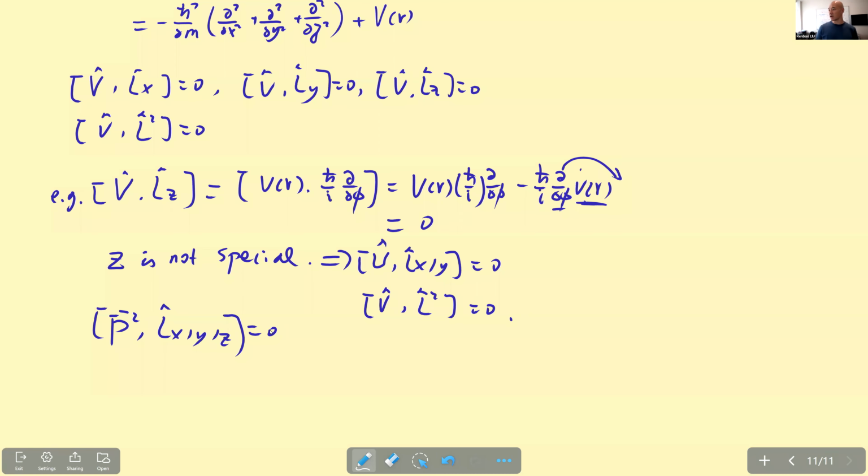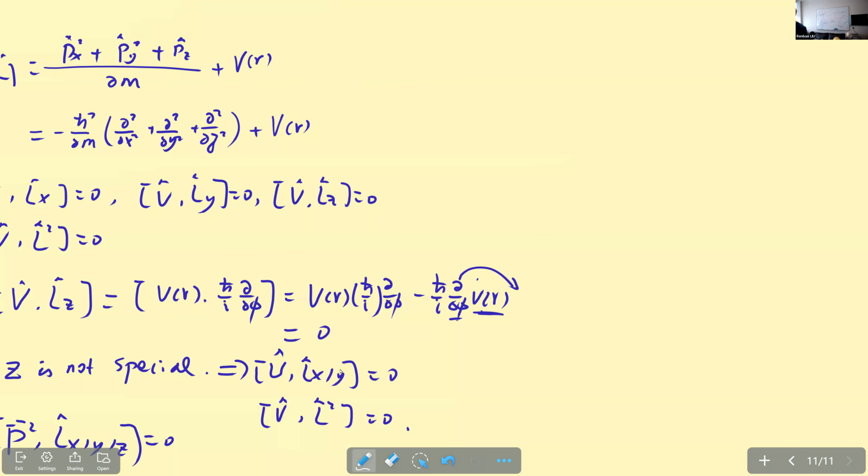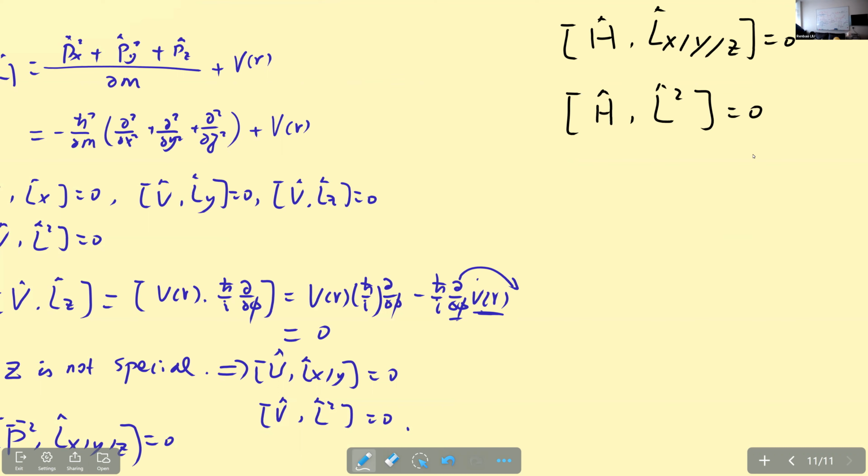So with all of this, the important fact is that the Hamiltonian commutes with Lx, Ly, and Lz. They are equal to 0. And the Hamiltonian commutes with L squared. But of course, the commutators of Lx, Ly, and so on are not 0.